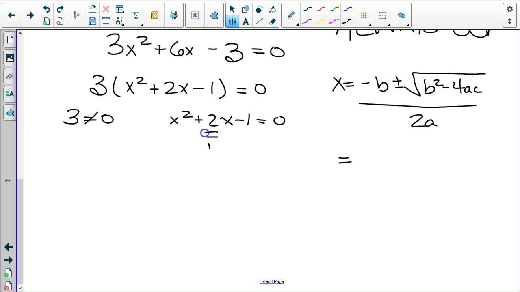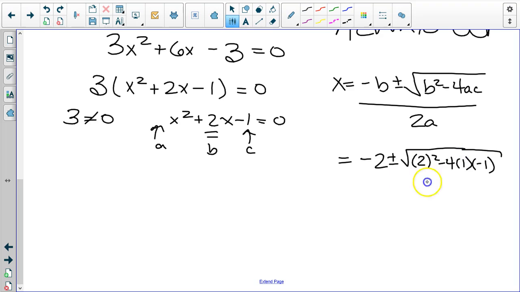The 2. This is b, this is a, and this is c. And yes, you would plug in negative. So we get negative 2 plus or minus 2 squared minus 4 times 1 times negative 1. Make sure you plug in the negative for c. All over 2 times 1.